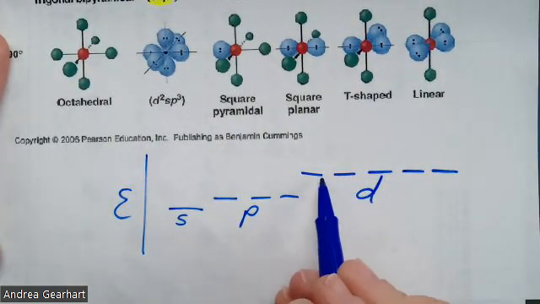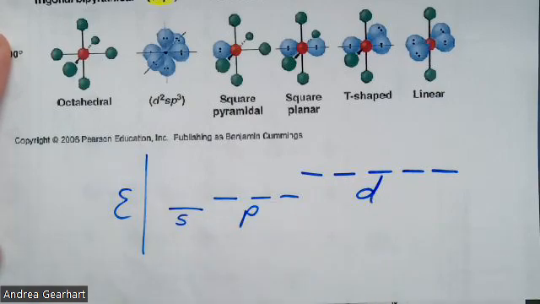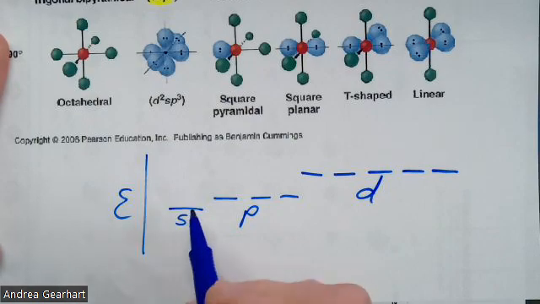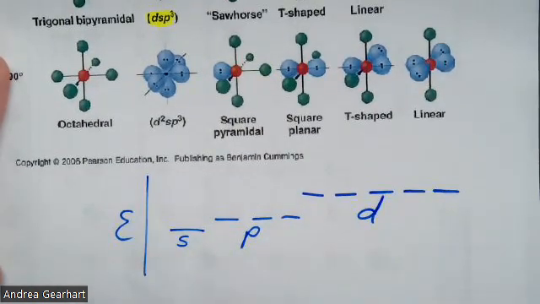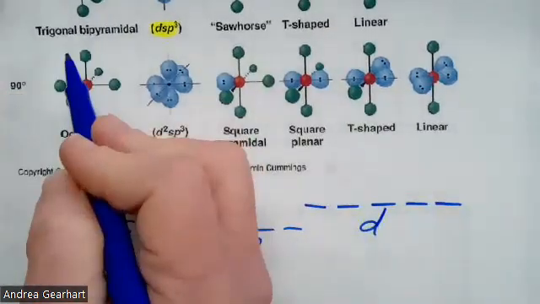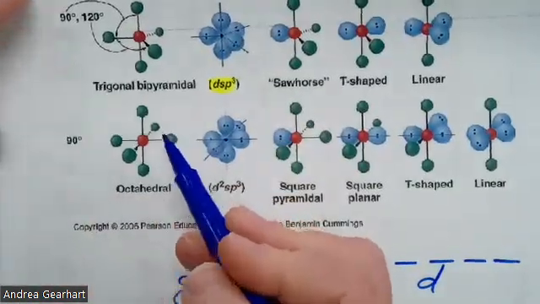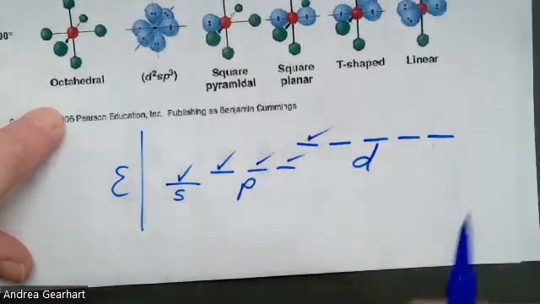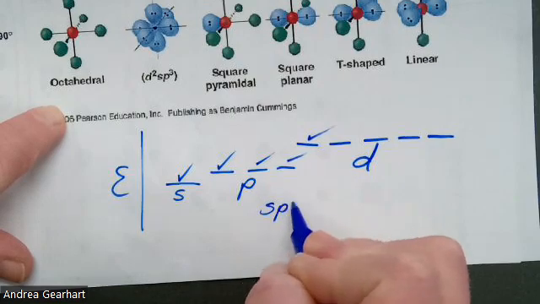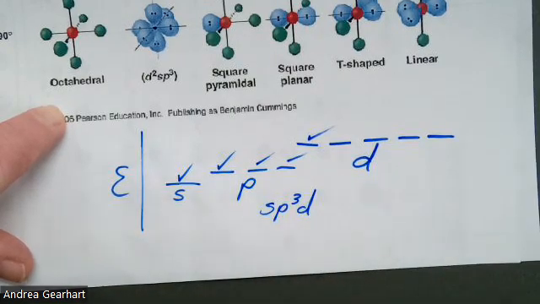Now, if an element has d orbitals available, well, it can blend those. So what if we would need 5 areas of bonding, like we do in trigonal bipyramidal? 5 areas. Well, we'd have to blend 1s, 3p, and 1d. That would be sp3d hybridized.